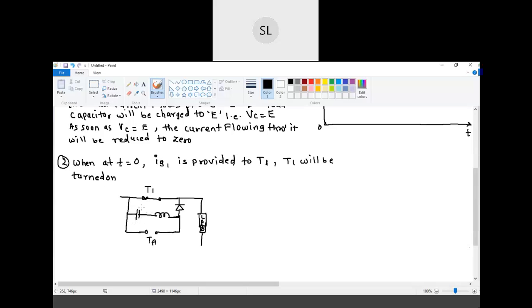This is capacitor C with initial charge of E, inductor L, diode D. So this is how the circuit will look like at t is equal to 0 when the triggering signal is applied to T1. Once it is turned on, it acts as a short circuit. Now the load current will start flowing through this T1 and load.